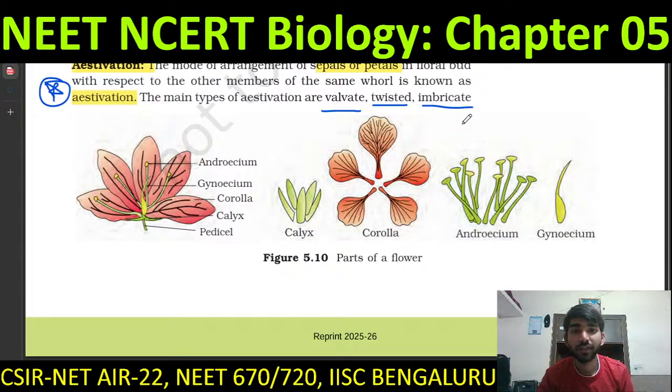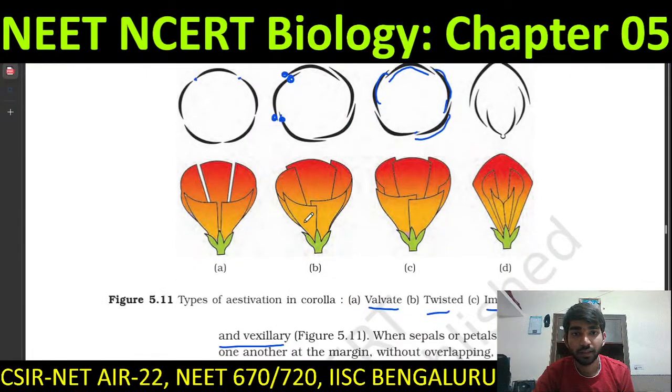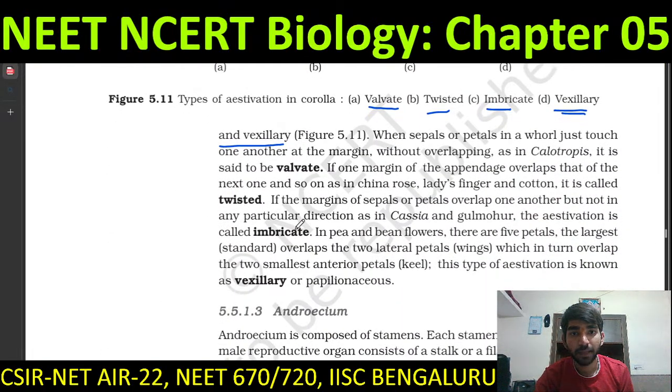Maybe you're not aware of that at this moment. So I will explain what that means, the vexillary aestivation there. Here in the diagram: androecium, gynoecium, calyx, corolla, and the pedicel, which is the stalk. Calyx, corolla, androecium, gynoecium, all of this we already talked about in quite a detailed manner.